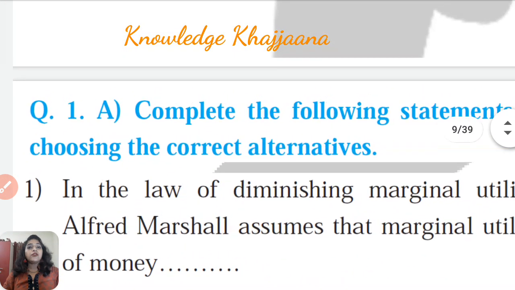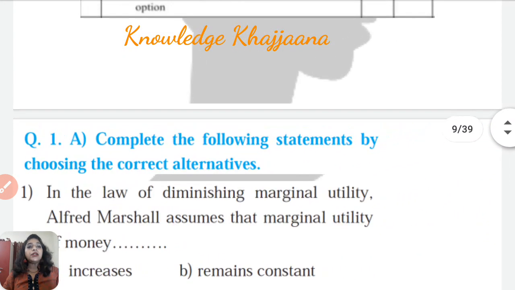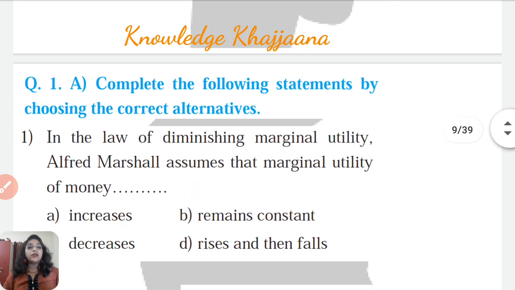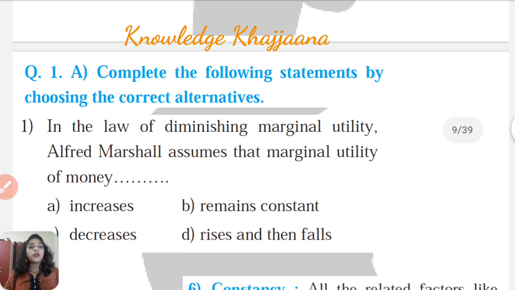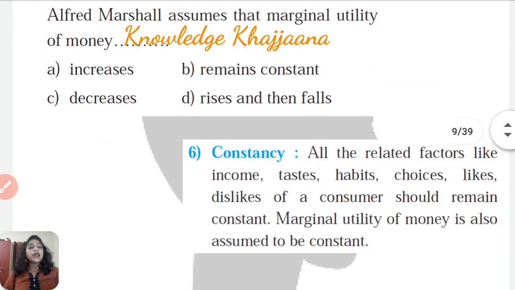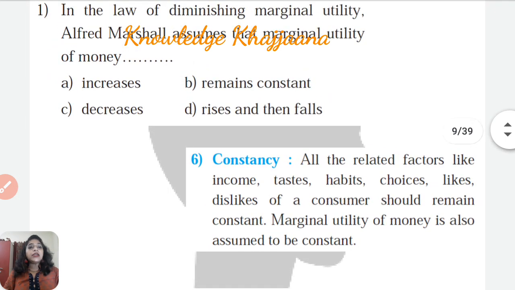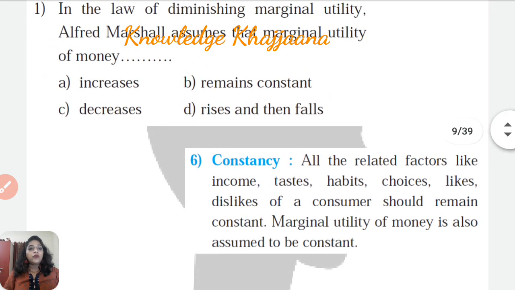Now let's move to the question. Question number 1A, complete the following statements by choosing the correct alternatives. In the law of diminishing marginal utility, Alfred Marshall assumes that marginal utility of money. What happens to the marginal utility of money according to Alfred Marshall's law? As per assumption number 6, it remains constant. Why?